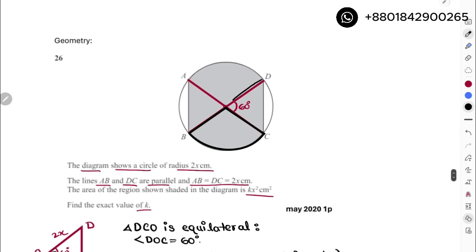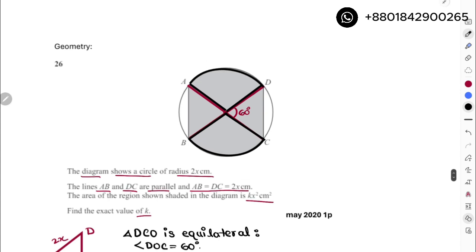Obviously this one, OD and OA, and then AD, this is also an arc length. That is also a sector. That means you have one equilateral triangle, one sector, and another sector, right?